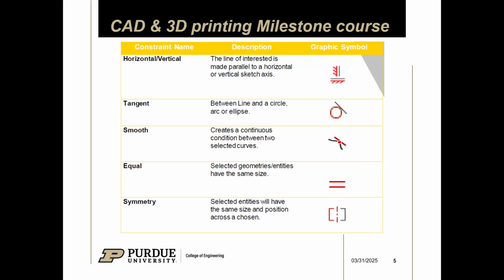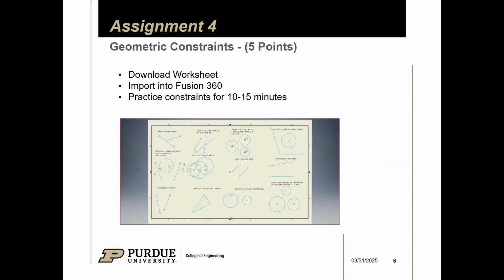We used it last week for the game piece, making that line have a very nice transition into that arc. That's what tangent is really useful for. Smooth, I don't really use that much, but if you do want to use it, it's there. Then there's equal and symmetric, which are all self-explanatory.